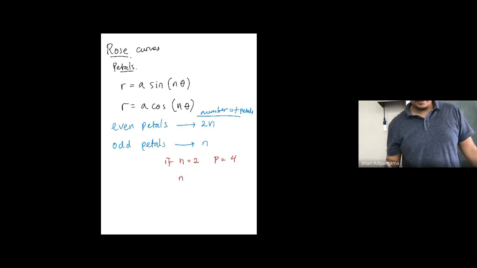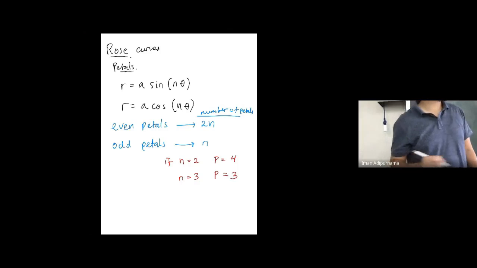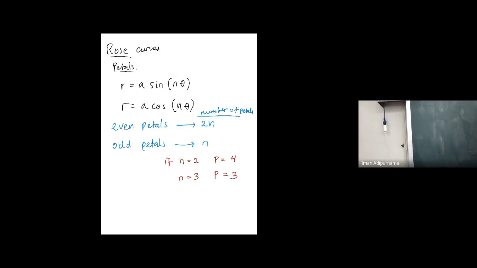If n is 3, then the petals is 3. That's the characteristic for the petals. This is a short summary from the graphs we had beforehand. They already make some classifications for even and odd based on the multiplicity of the angles.